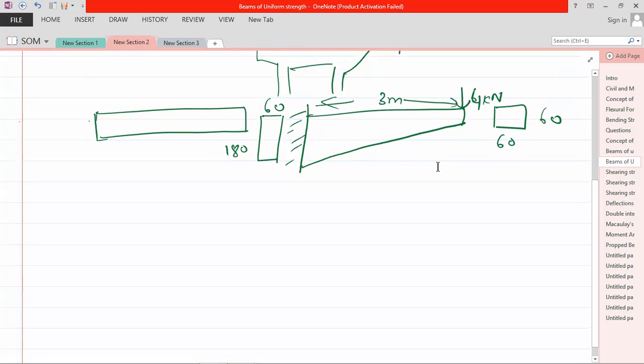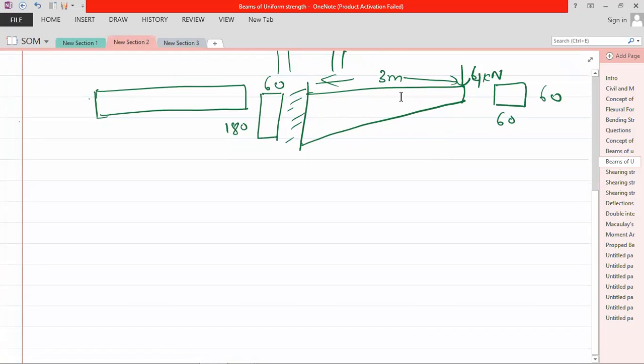Okay. So as you know, the cross sections are not uniform now. So you need to find I at every point. So let me suppose I take x distance, and the dimensions are varying linearly. One thing, the 60 is constant, but this 60 is variable.